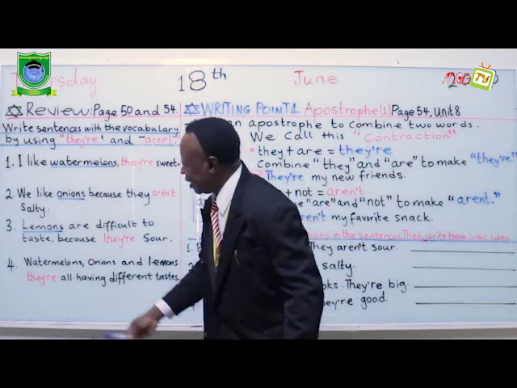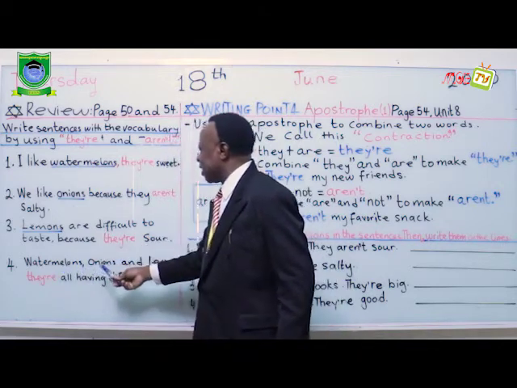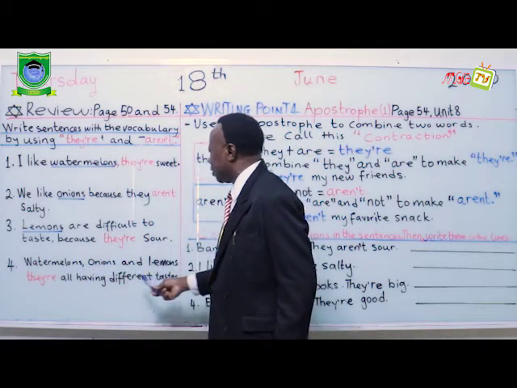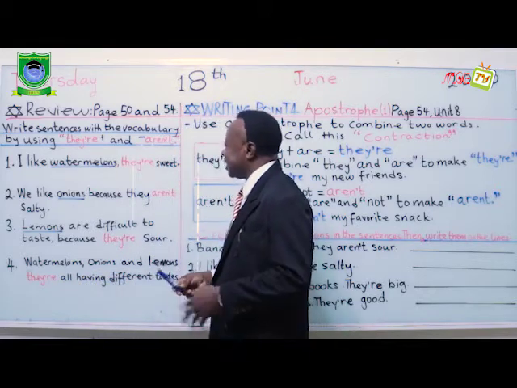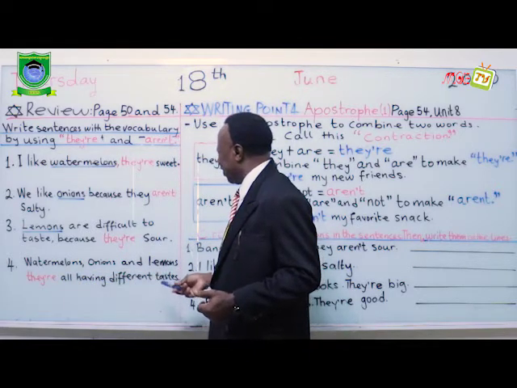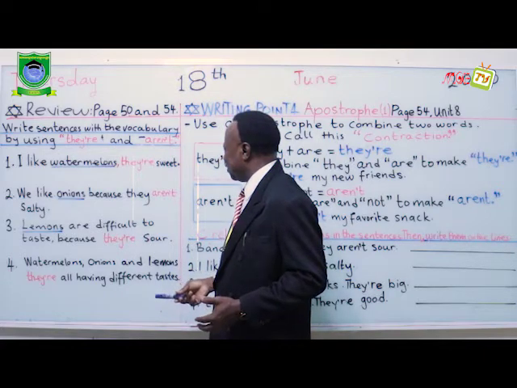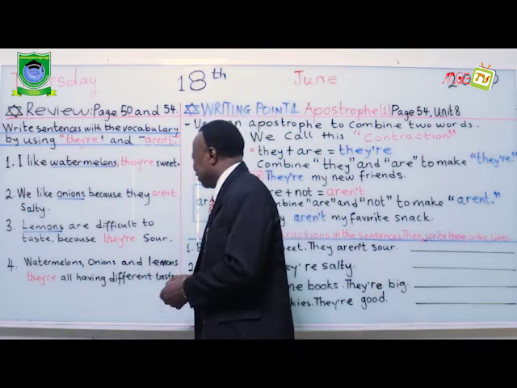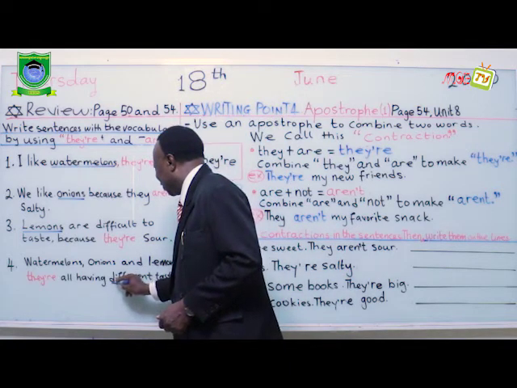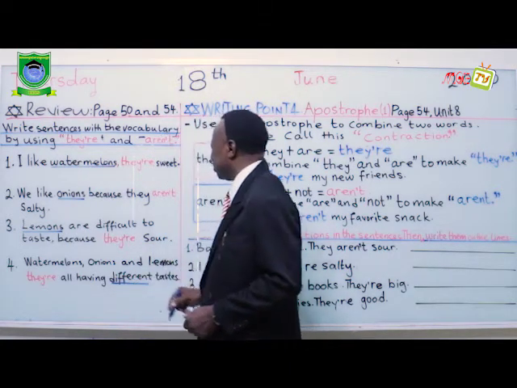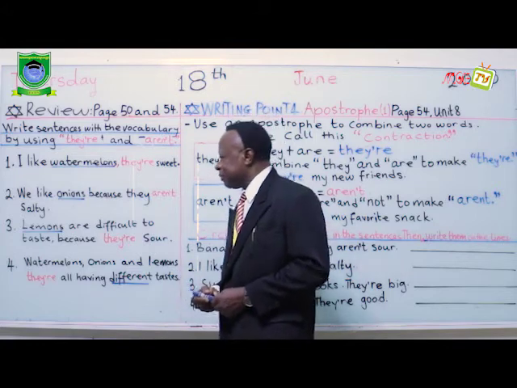Let's read the sentence again. Watermelons, onions, and lemons. They all have different tastes. So in this sentence, we use different from the vocabulary.